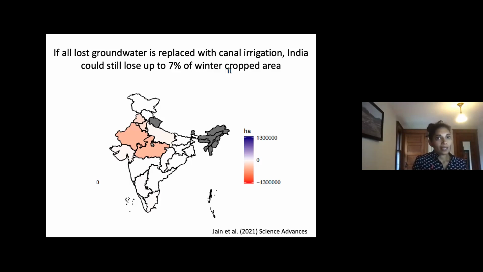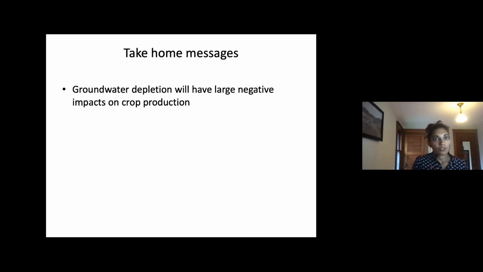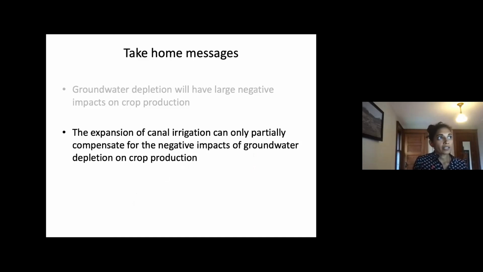And this is something that we would not have been able to really put numbers on if it weren't for these satellite estimates of crop production. So the take-home messages of this paper: groundwater depletion will have large negative impacts on crop production, specifically in that dry winter season when farmers are mostly relying on irrigation. And the expansion of canal irrigation can only partially compensate for this loss.